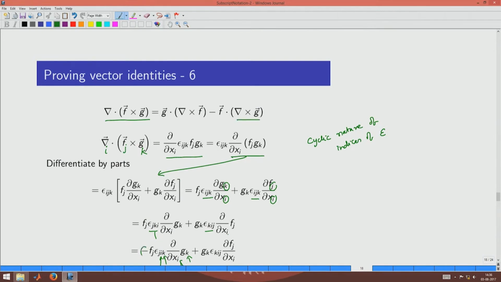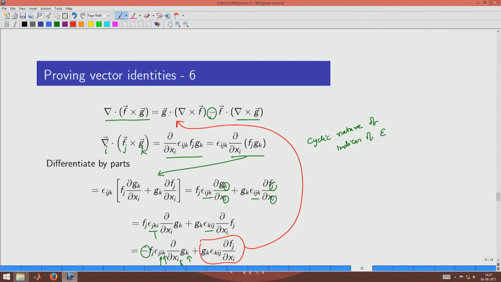The minus sign is coming because I did the swapping of the last 2 indices, and the first term is shown here, and you can see that this term is matching with this term, because kij dou fj by dou xi is nothing but del cross f, and then k is the free index, and you are dotting with the g there because the k is matching there, and therefore, it is g dot that.